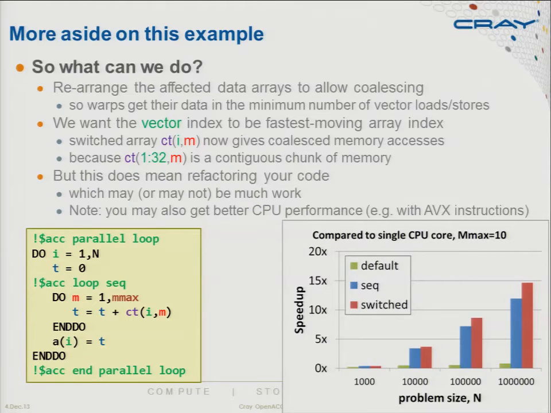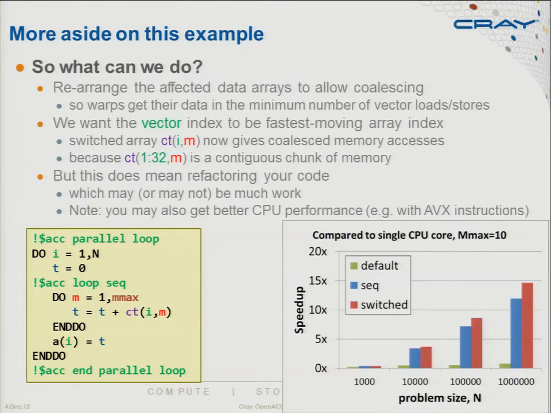So green is the baseline. Telling it to make this loop sequential gives you blue. You get a big performance gain, massive. If I can also rearrange my data, there is a performance gain on top of that, but it's not as great. So just sorting out the loop schedule was enough to give me a massive performance difference, blue to green.